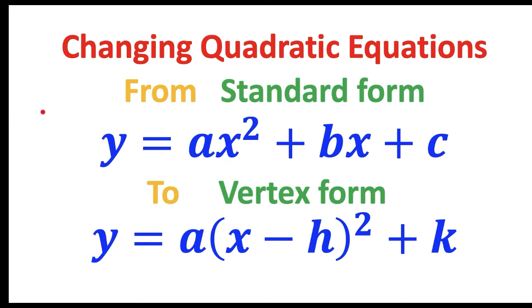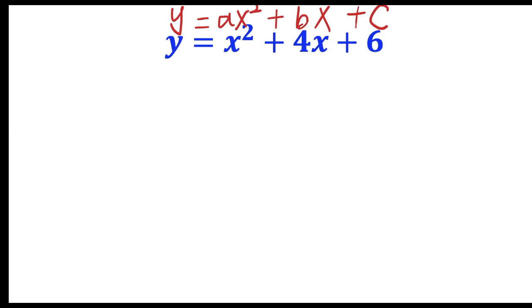Let me give you the first example, which is y equals x squared plus 4x plus 6. So how can we change the standard form to a vertex form? We just simply use completing the square.